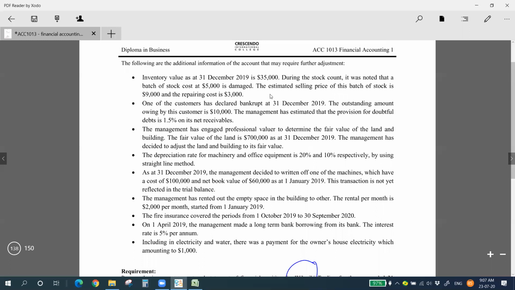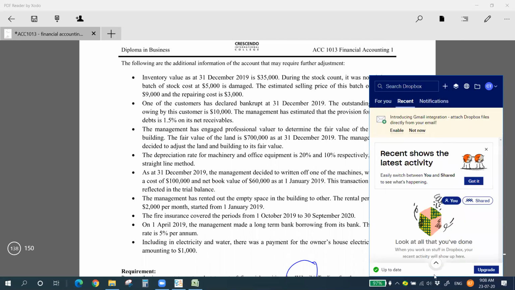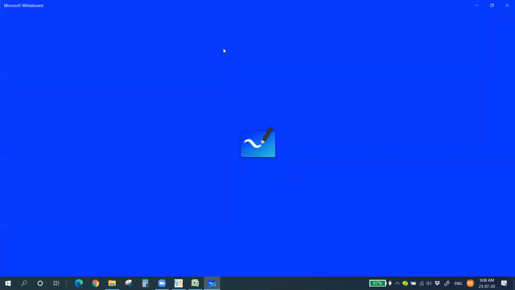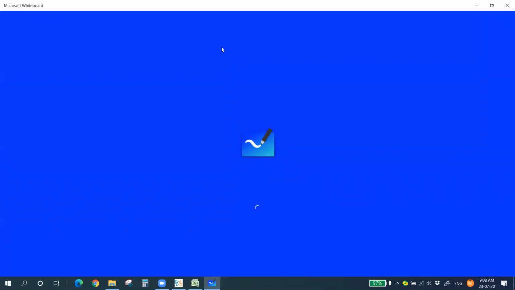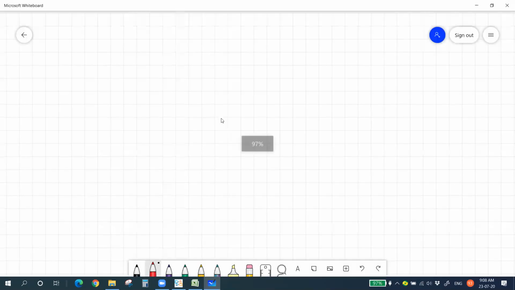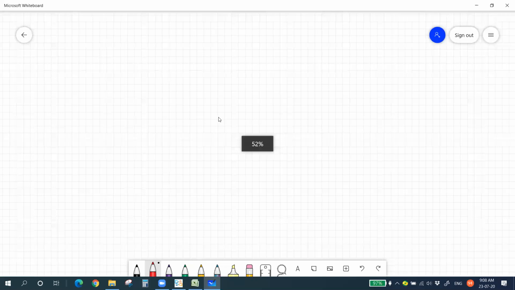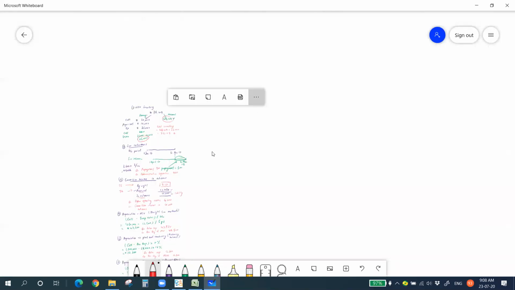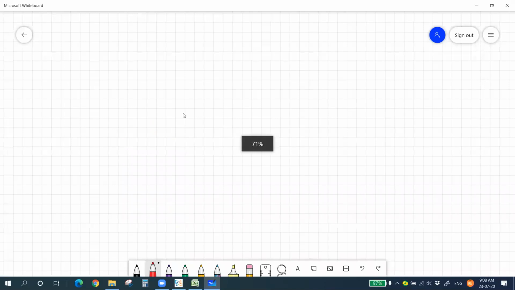So bring up your text pack because you may need to follow me to do the adjustment, so you can become familiar with the adjustment. Okay, so we start from the first one.